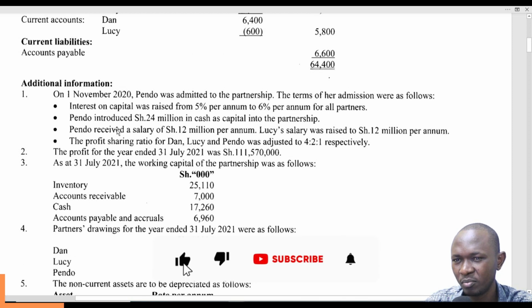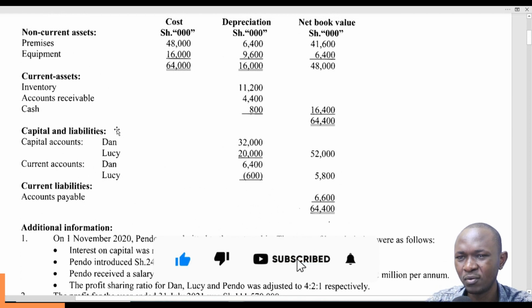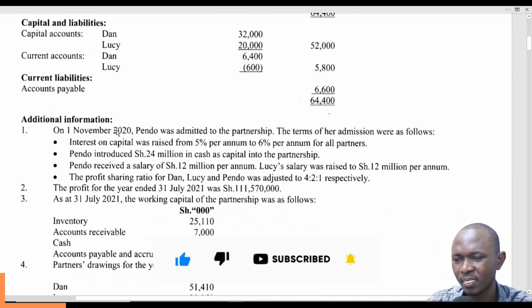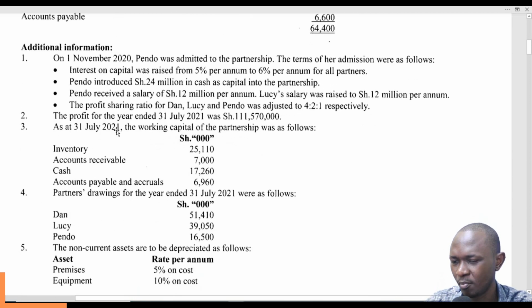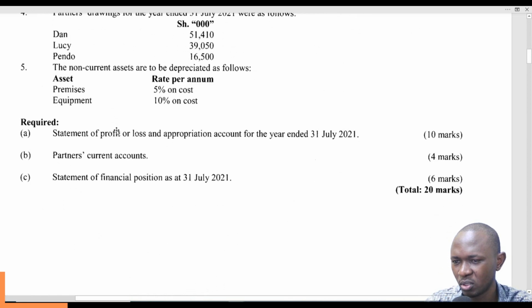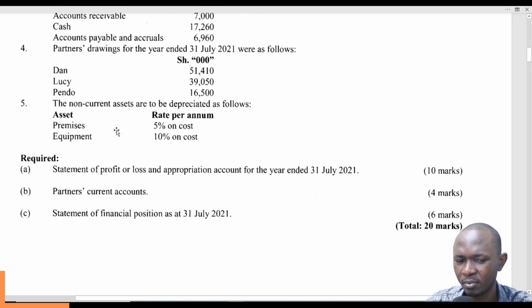So that means we may not go through the trading account and the profit and loss account per se, but straight to the appropriation account, because the first part of the question has already been done for us.